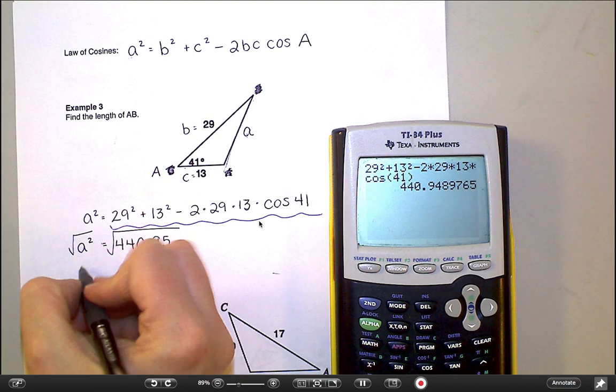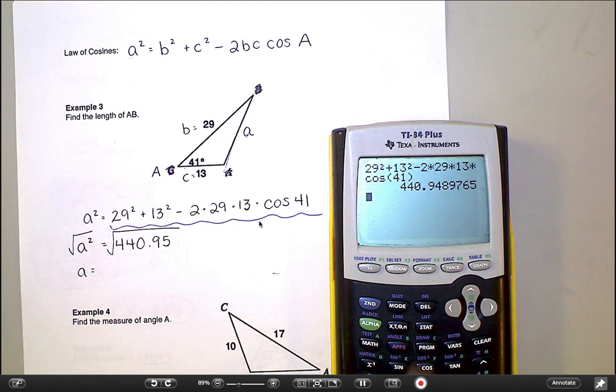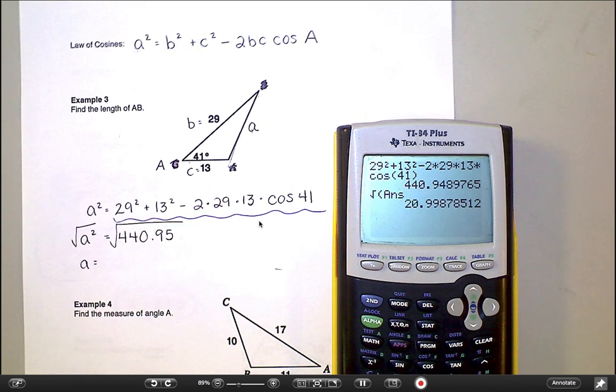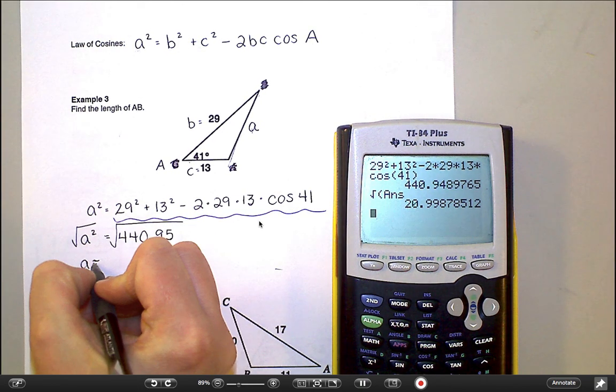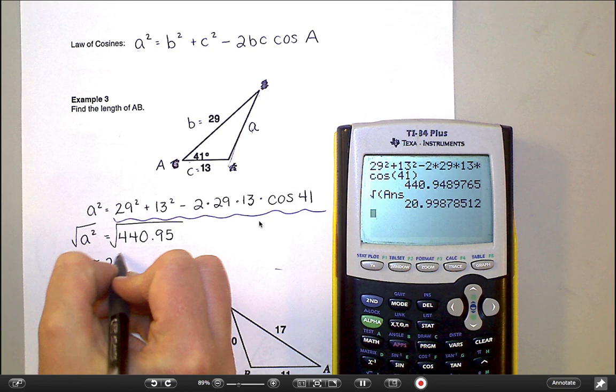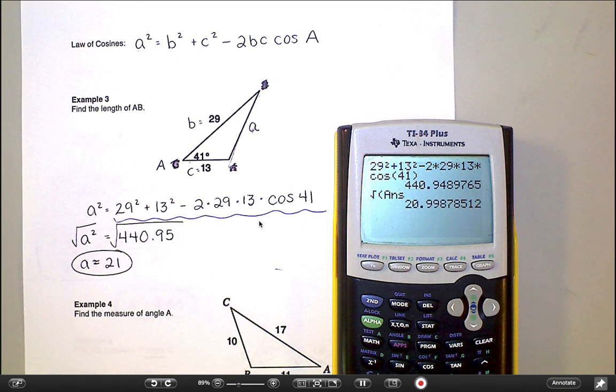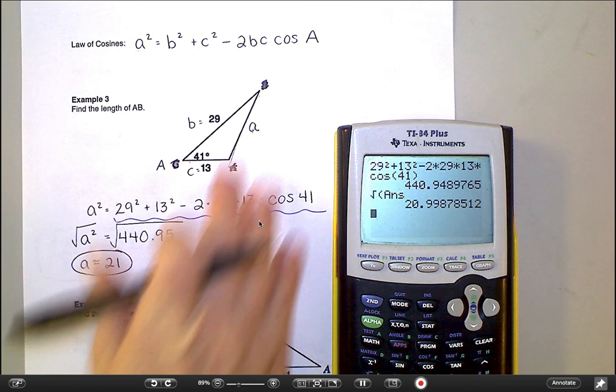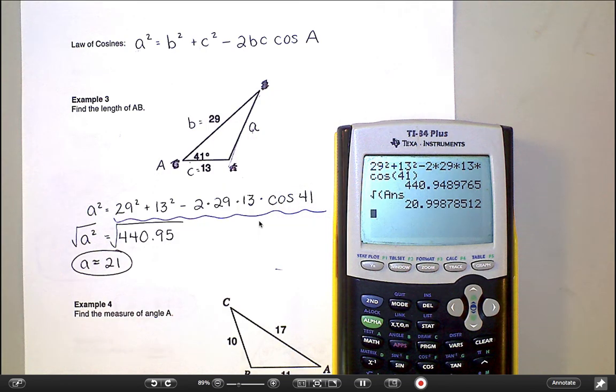So side A would then be the square root of the previous number, 20.99. I'd probably feel safe just rounding that up to 21. So my side length now is 21. And that seems reasonable looking at the other side lengths in the triangle.